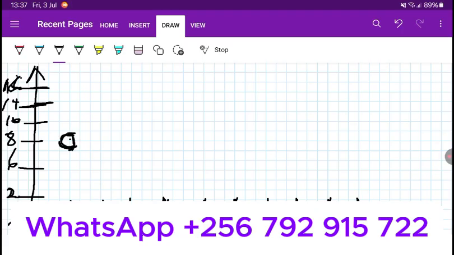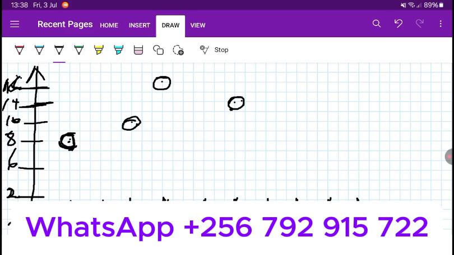Make sure when you are drawing this, neatness is needed. Then 65 with a 10. Then we also draw 75 with a 16. Then we also go ahead to draw 85 with a 14, it's there.